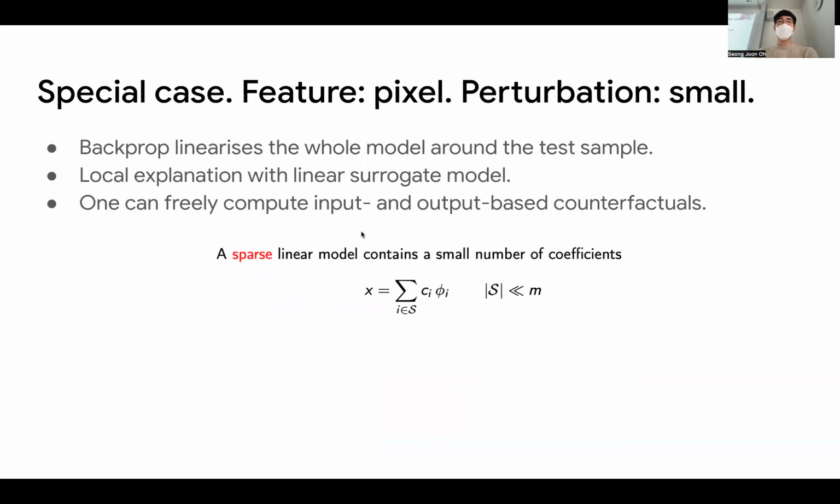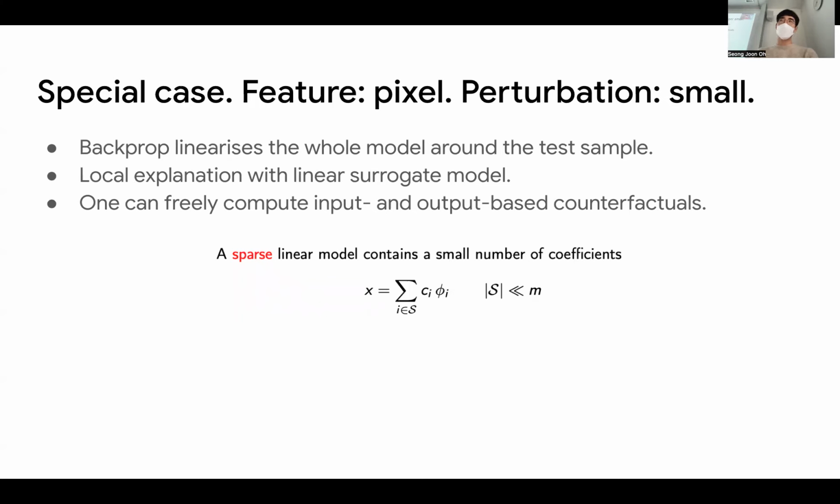So another way to think about this is that your backpropagation is linearizing the whole model around the test sample, right? Because the gradient is basically the tangent plane of your function in the space. And this tangent plane guarantees that your function output with this linearized solution will be the same around the input of interest.